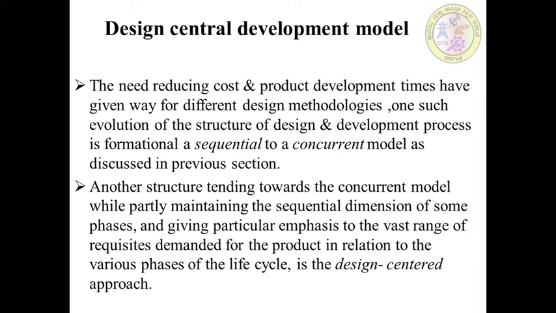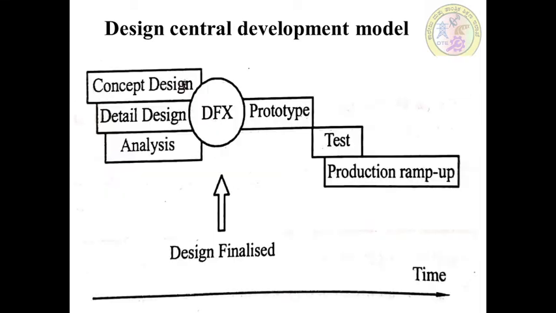Another structure tends towards the concurrent model while partly maintaining the sequential dimension of some phases, and giving particular emphasis to the vast range of requests demanded for the product in relation to the various phases of the life cycle in design and central approaches.